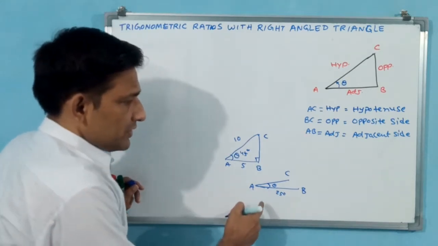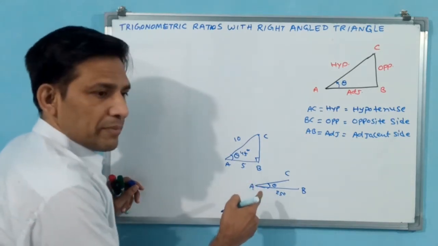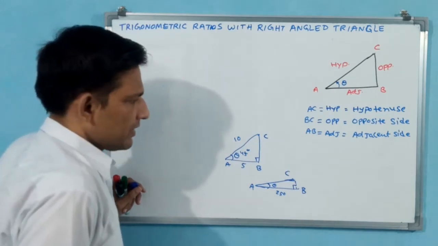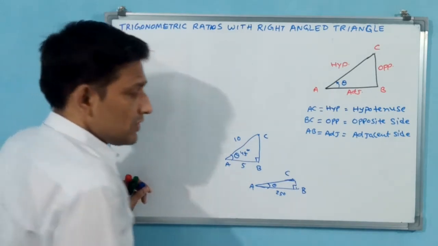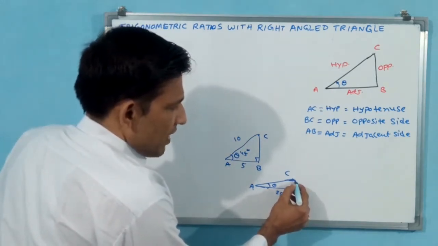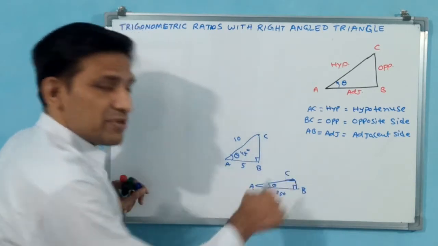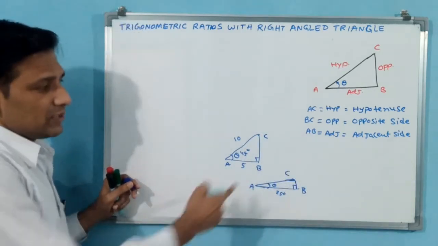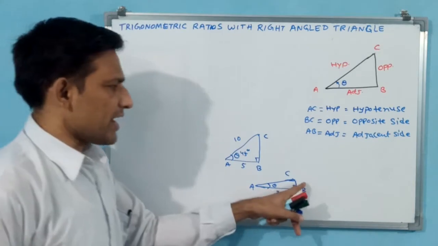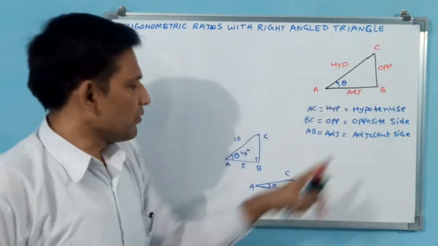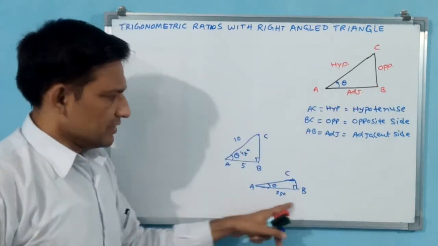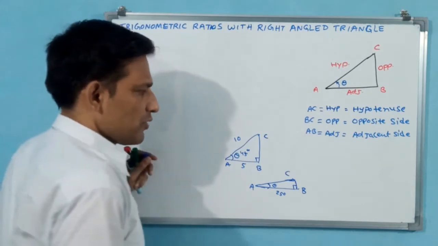If you reduce theta, automatically what is going to happen? Now you see what has changed. BC has changed. The height of this opposite side has changed. That you have to keep in mind.